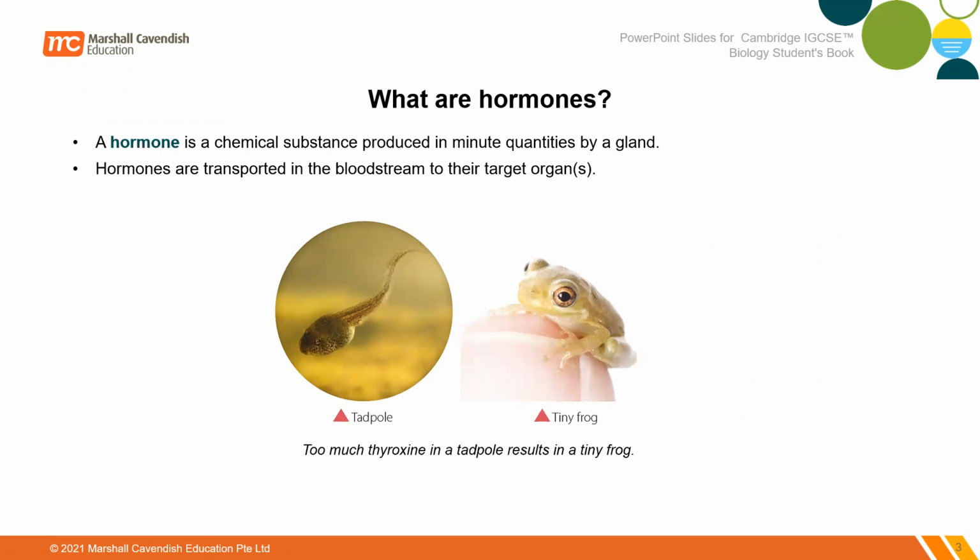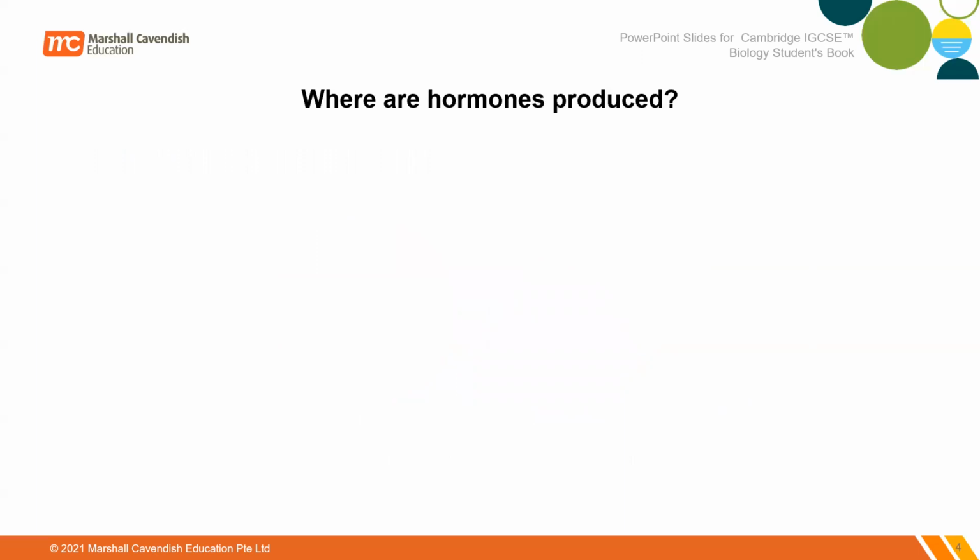Okay, let's start with hormones. What are hormones? This could be a definition, or you need to know this as a definition because you might use it in your answer as a general point زي ما قلت لكم. Okay, so hormone is a chemical substance, mostly protein in structure, and transmitted through the blood to the target organ.